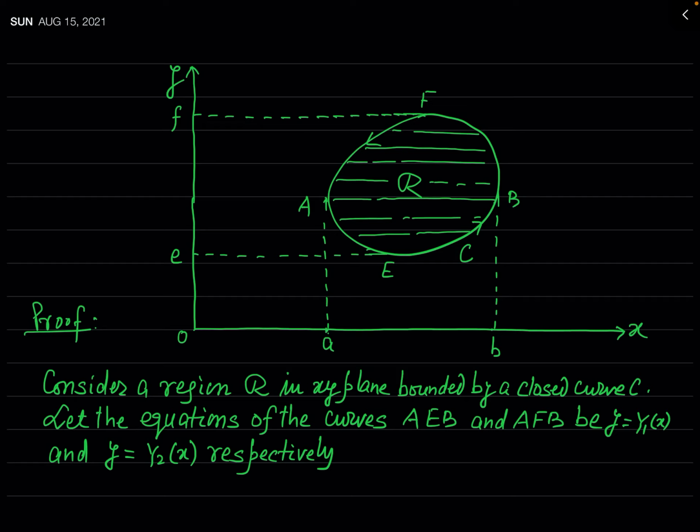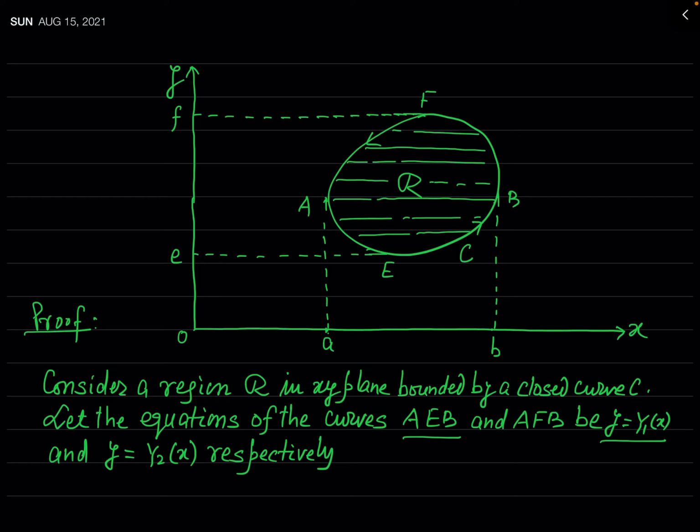So you can write that the equation of the curve AEB is y equal to f of x, a function of x, but that function I have marked here by capital Y1. So y equal to Y1 of x represents the equation of the curve AEB.